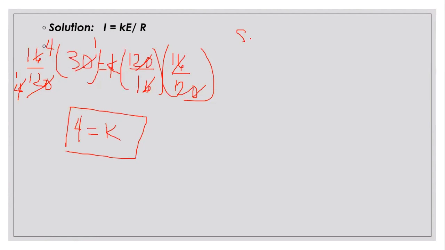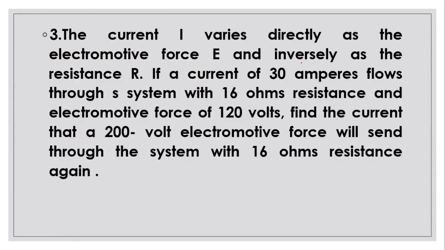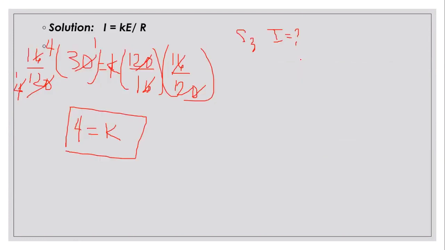Then step number 3 is to find the current, the unknown. Find the current that a 200-volt electromotive force will send to the system with 16 ohms resistance again. So we have 200 volts, so our electromotive force E is equal to 200 and the resistance is 16 again.